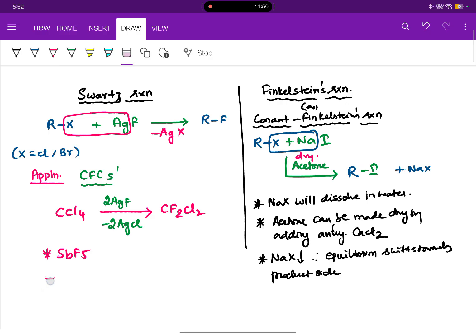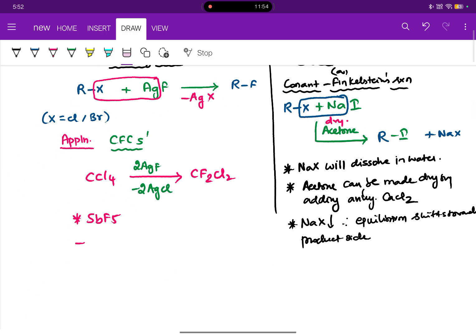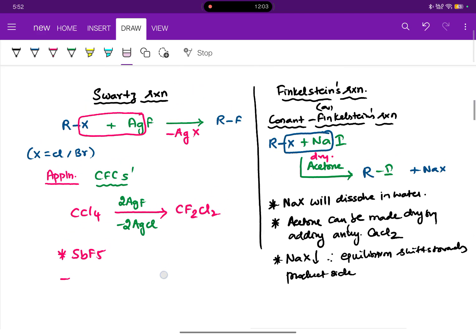But arsenic fluorides are generally not allowed because it's very, very dangerous. So normally we don't use it. It's poisonous too. So we just use only antimony fluorides and silver fluorides. So that is about the exchange reaction.